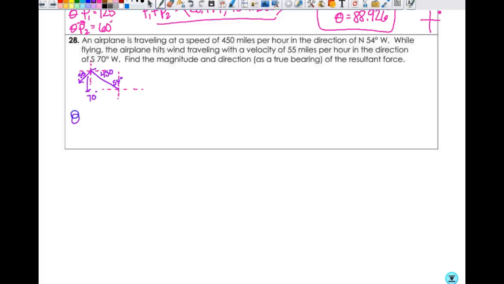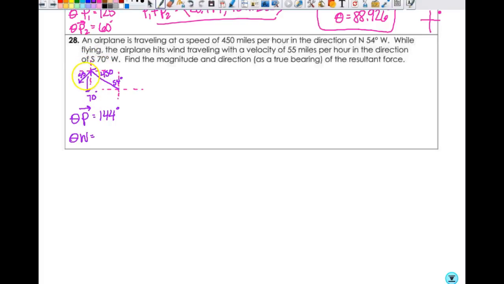So I need theta for the plane, and I need theta for the wind. Okay, so the plane here, right? Theta starts here. This is 54 degrees. This is 90. So 90 and 54, that would give me 144. For the wind, this is 70, right? Theta starts here and comes around. Well, that's 180.